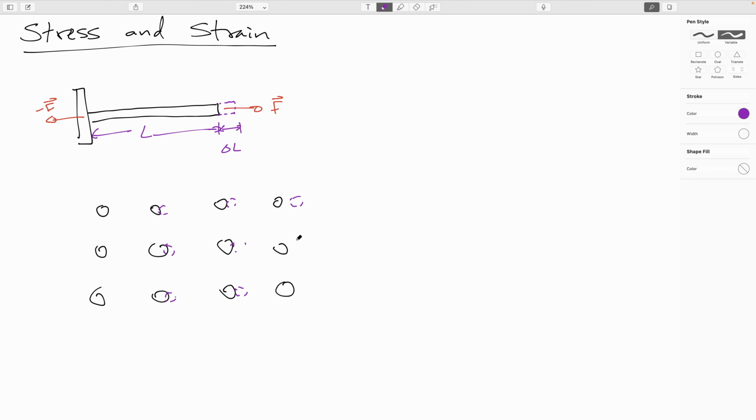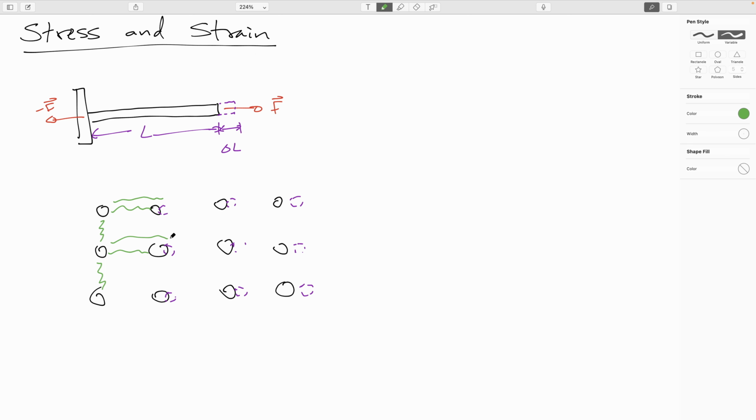Now if we think about what that means for the bonds between adjacent atoms, in this case here, we will call this a tensile stress. These bonds here don't get any longer, but this bond here does end up getting a bit longer.